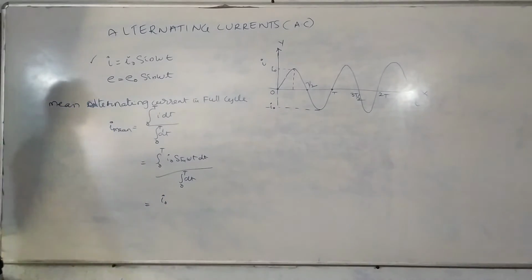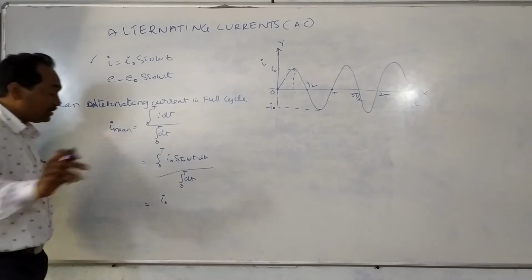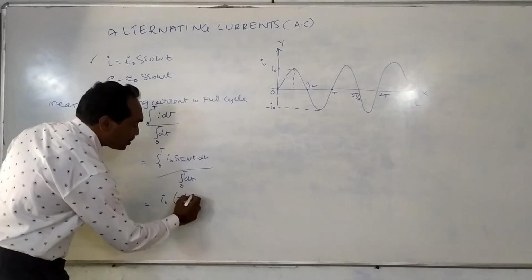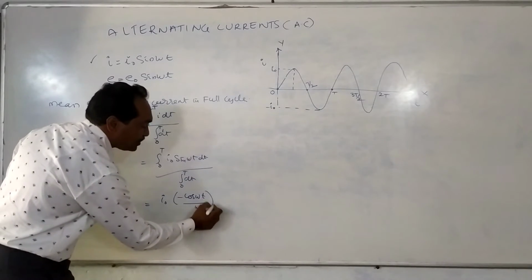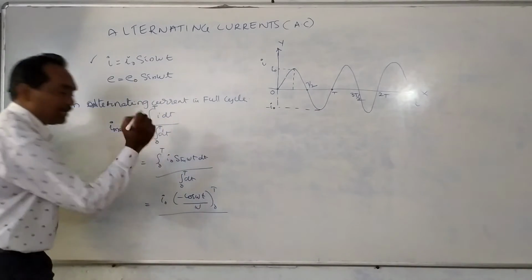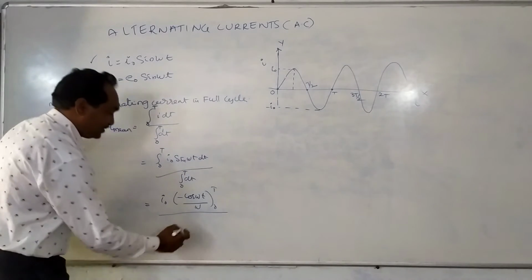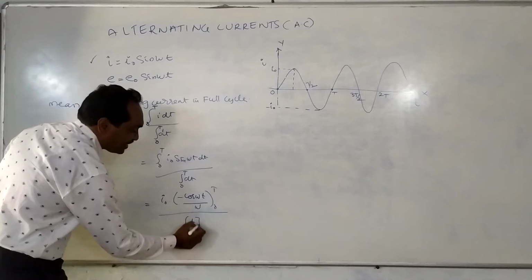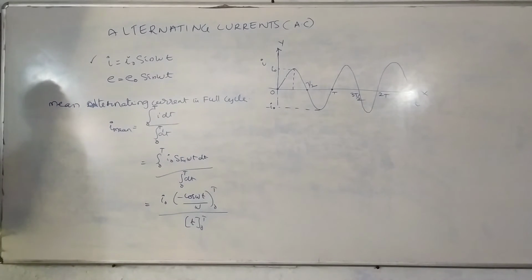That is I naught into integration sin omega t dt, which is minus cos omega t by omega, with limits from 0 to capital T, divided by integration dt. Integration dt is t, with limits from 0 to capital T.